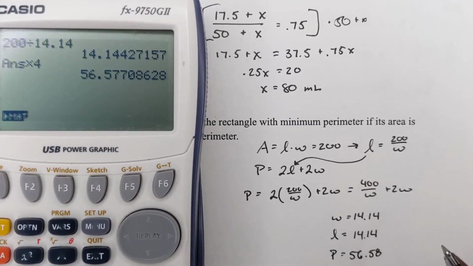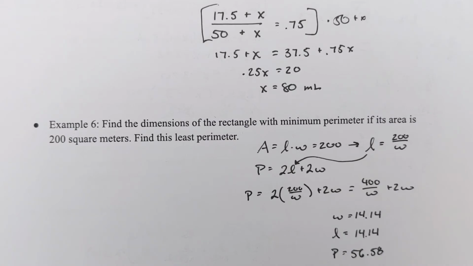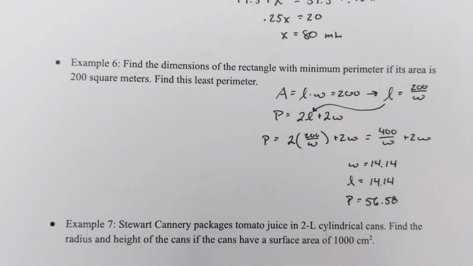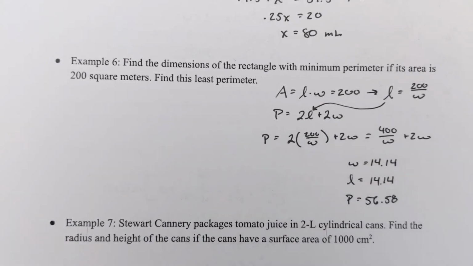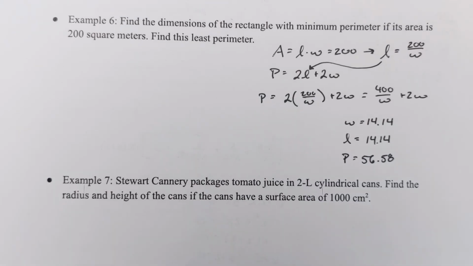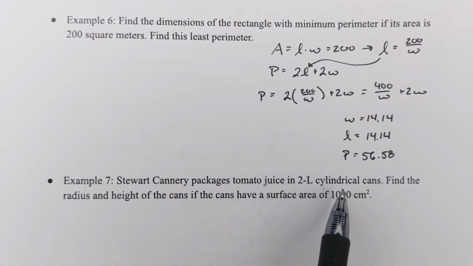This is kind of a trick question, because if you want to find minimum perimeter for a given area, it's always a square. So I just need to take the square root of 200 and you'll get 14.14 for one of the sides.